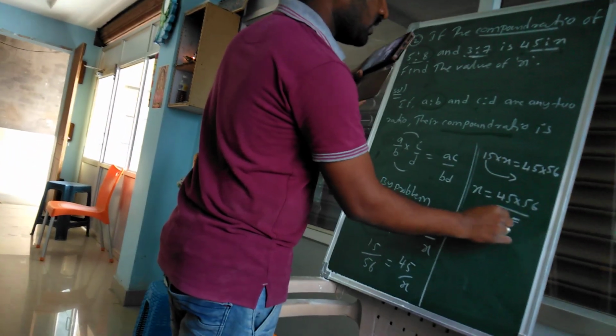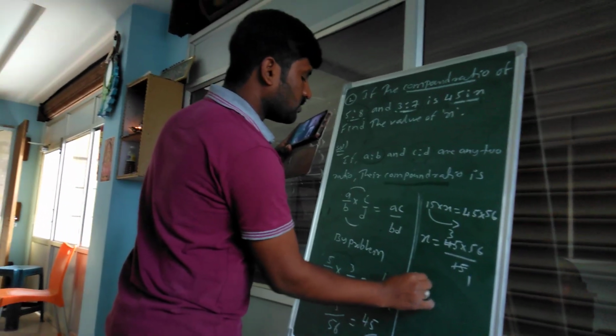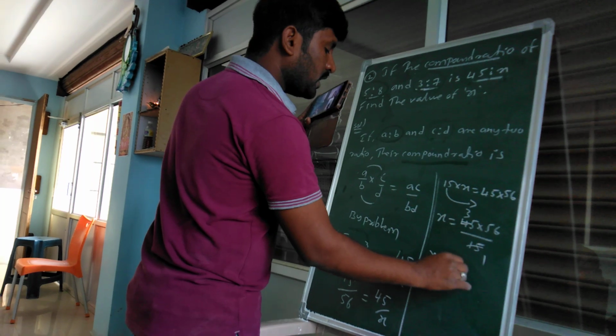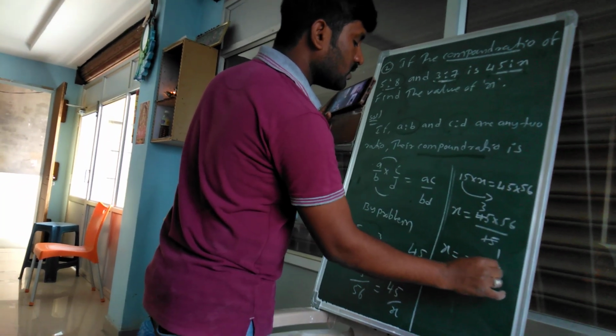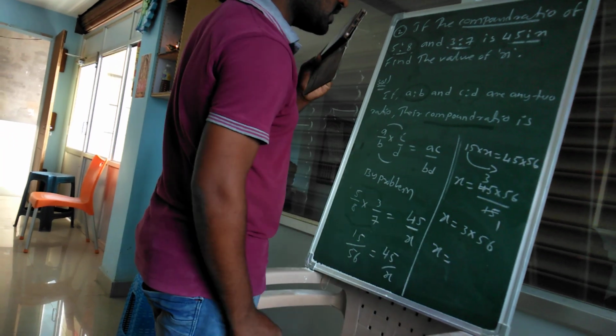Okay, 15 ones are 15, 15 threes are 45. Now x is equal to 3 into 56.